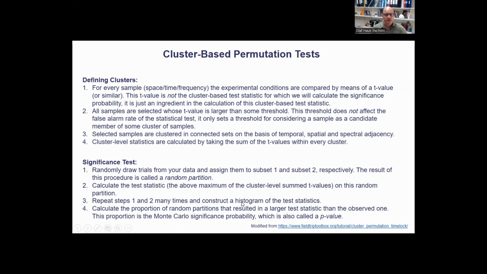And you can basically say what you consider significant then. So you can define a p-value for this random distribution that tells you if your observed value falls into that range, then it is significant with the probability of p, that is often 0.05 or 0.001.